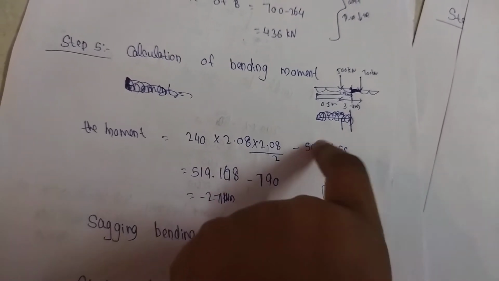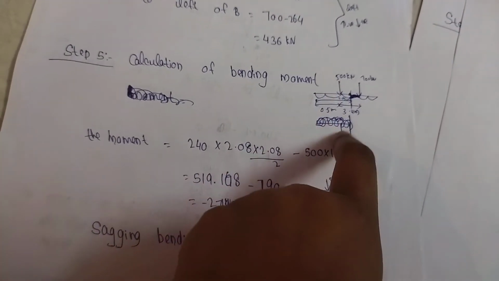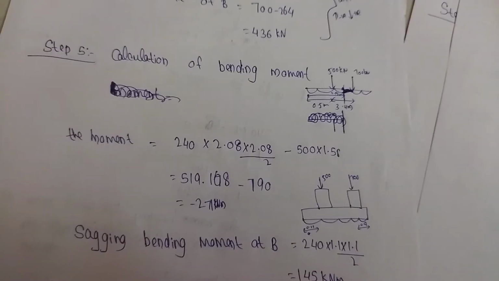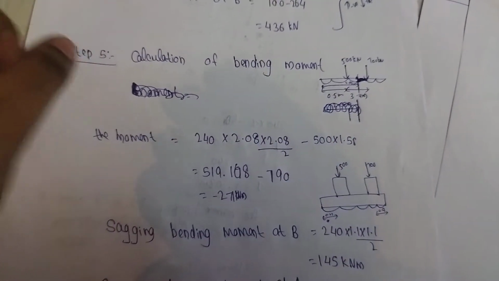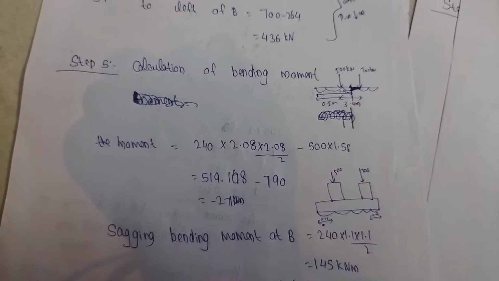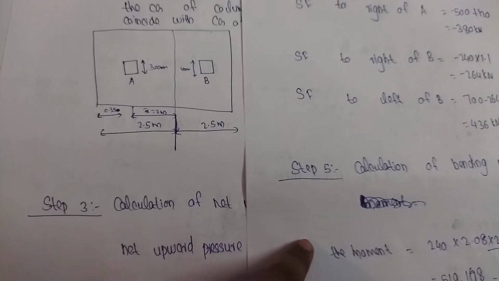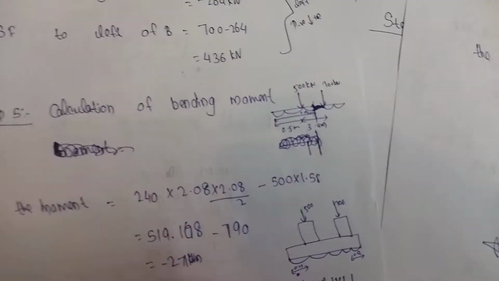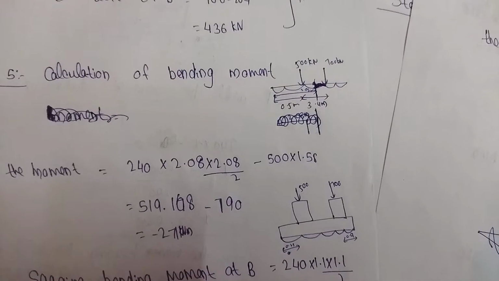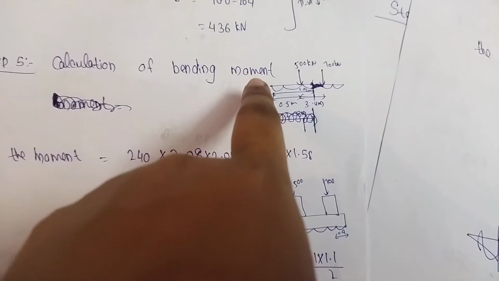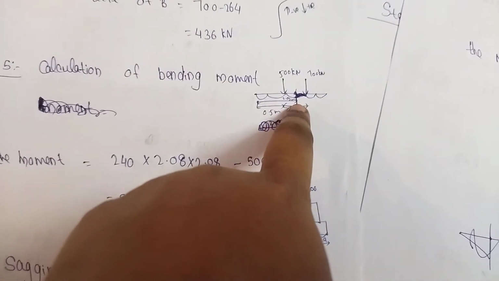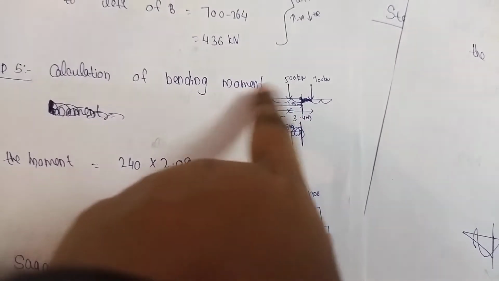So please calculate this 1.58 by drawing this figure. How to calculate 1.58? We know that the shear force is 0 at 2.08 from this point.